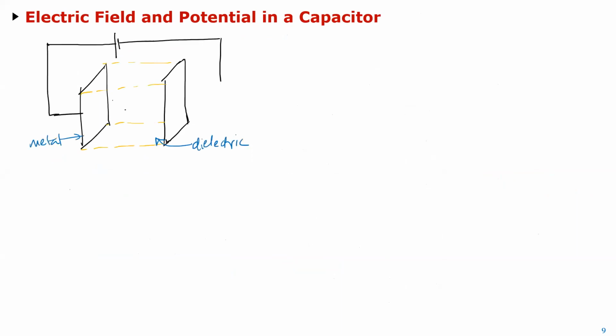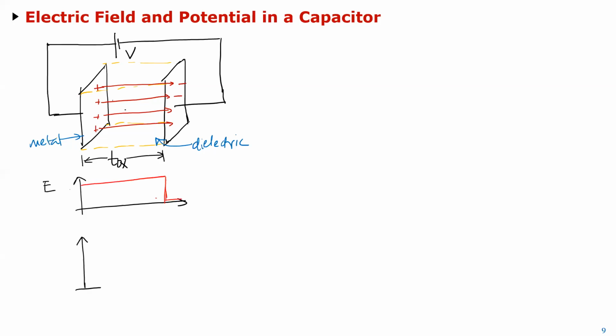The two other things before I show the threshold voltage: I think I showed you this electric field and potential inside a capacitor. We do that a lot, so I thought it would be good to review that. We went through this last time. If you just have a plain capacitor with two metal plates and a dielectric in between, you apply a voltage, and let's say the distance between the plates is Tox, then the electric field is constant.